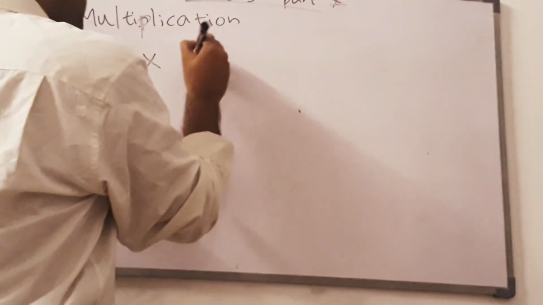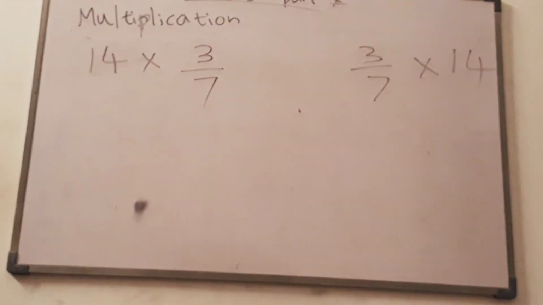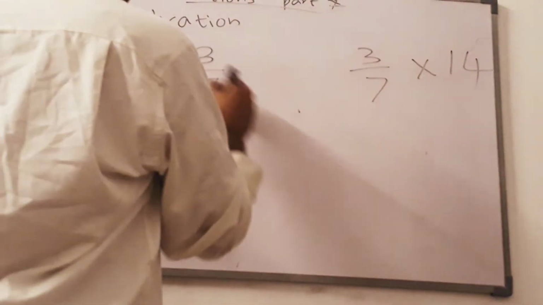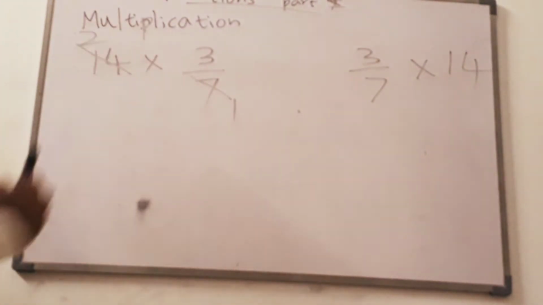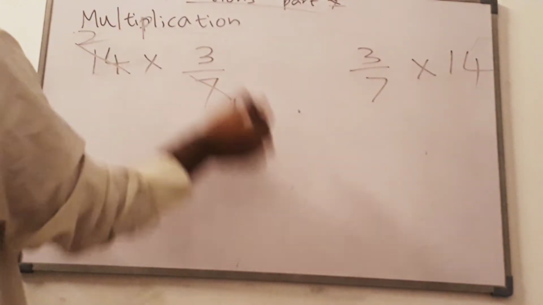Suppose a sum like this. 14 times 3 over 7 or 3 over 7 times 14. We can simplify 14 and 7 here. 1 7 and 2 7s. For 7 there is 1 7. For 14 there are 2 7s. So 1 7 to 2 7s get cancelled.